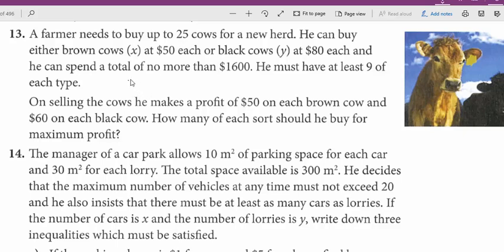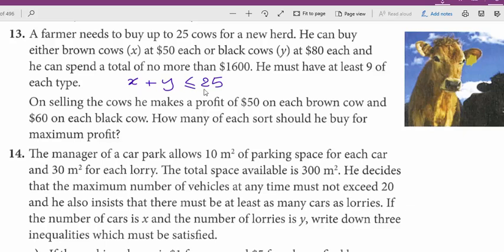The sum of them together should be less than or equal to 25 cows altogether. So we got one inequality.